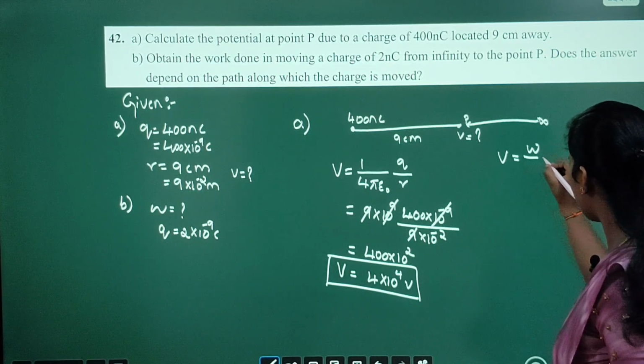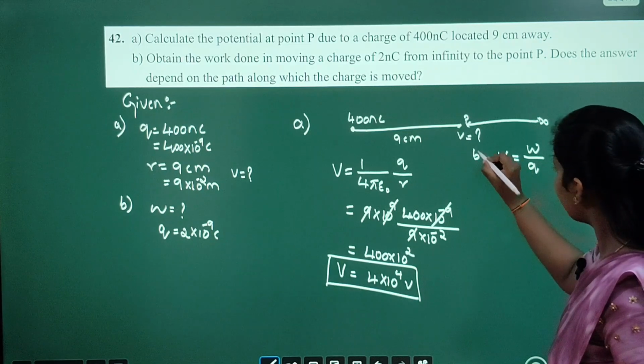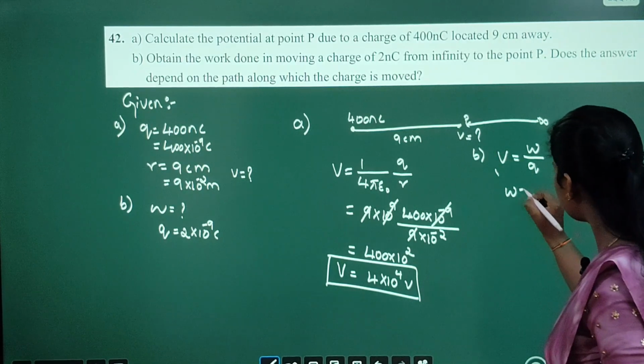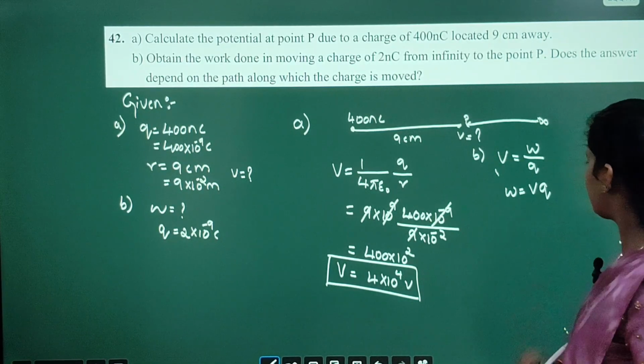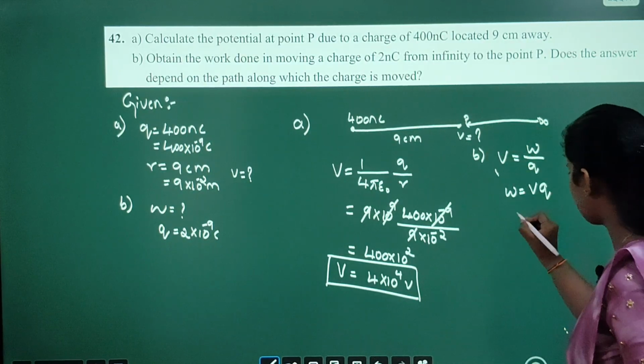V is equal to work done upon charge, correct? Using this, we can write work done is equal to potential into the charge. What is the potential here? We have to take the final potential minus the initial potential.